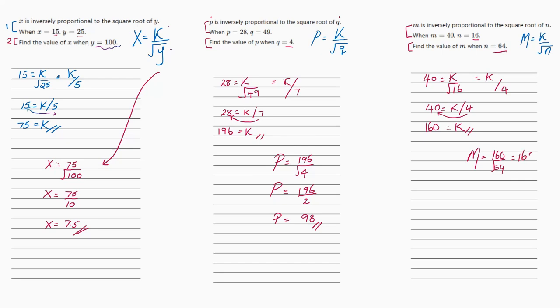Which gives us 160 over 8. The square root of 64 is 8. And that equals 20. So m equals 20. So there's 3 examples there.